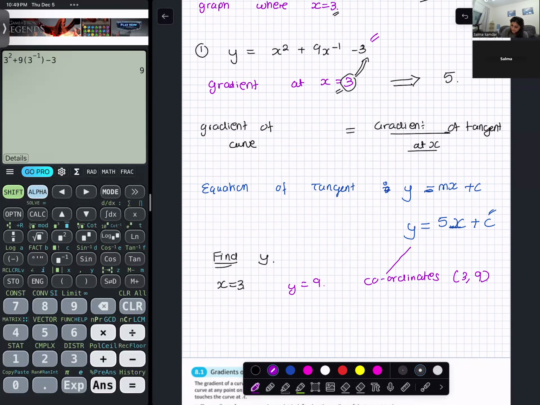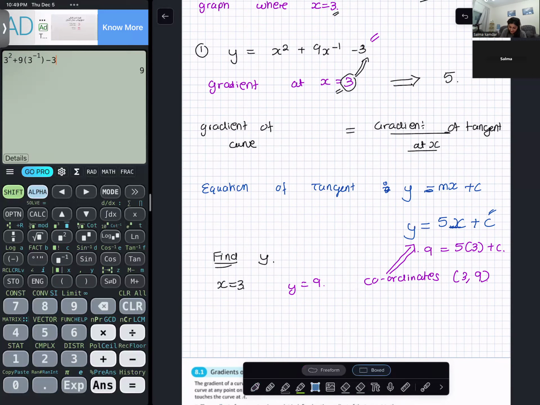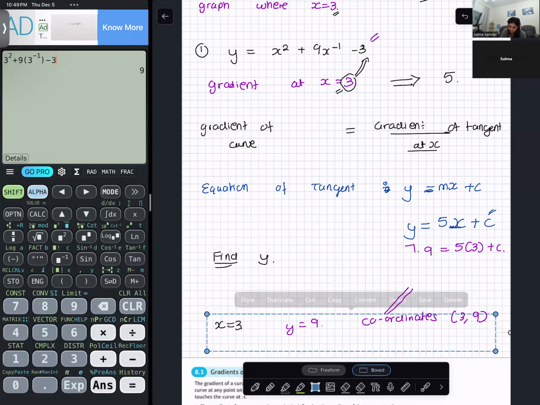This I will substitute in the equation to get the y-intercept. So y is 9, and it is 5 times x, which is 3, plus c. So how will I get the value of c? Just solve this. I'm sure you know how to solve this.